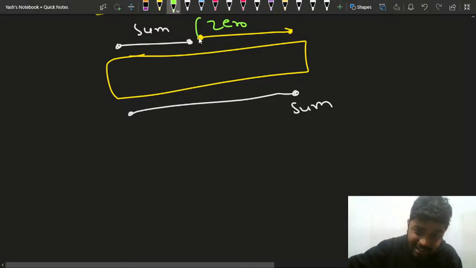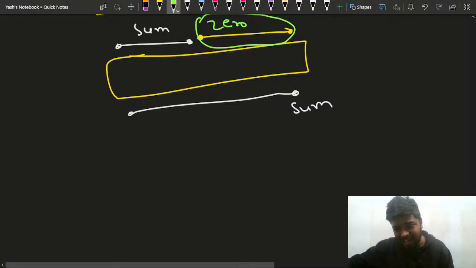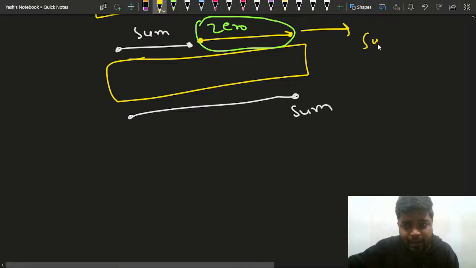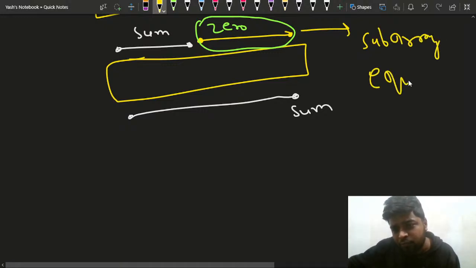And if this much part is having a zero sum, what does it indicate? Can I say that this is also one subarray which is having equal number of zeros and ones, right? Equal number of zeros and ones.